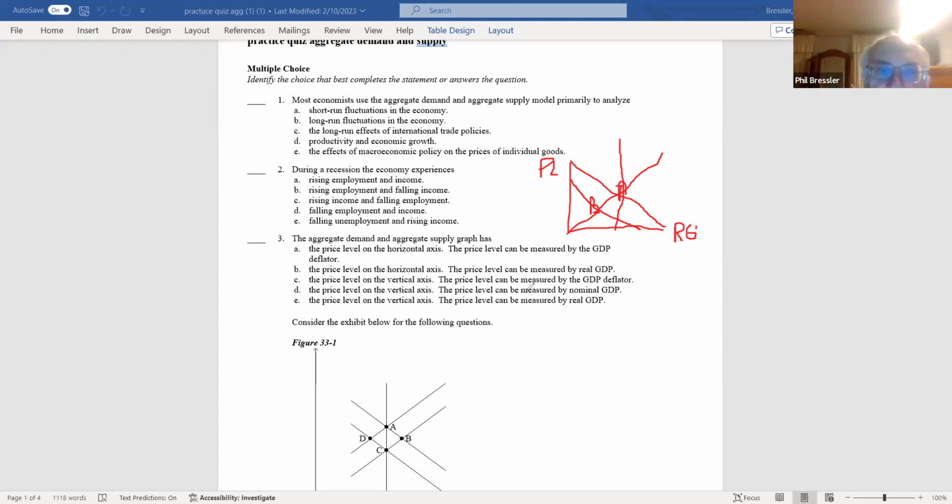And maybe they could ask you about the output on the horizontal. It could be another question they could ask that's measured by real GDP. But I don't see much different things they could ask there. All right. Let me scroll down.